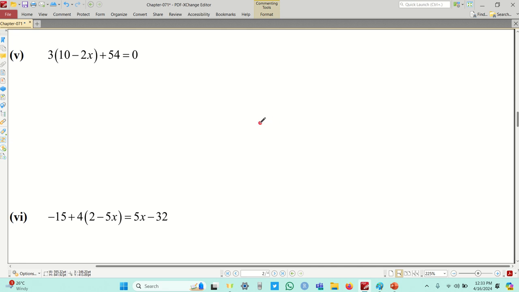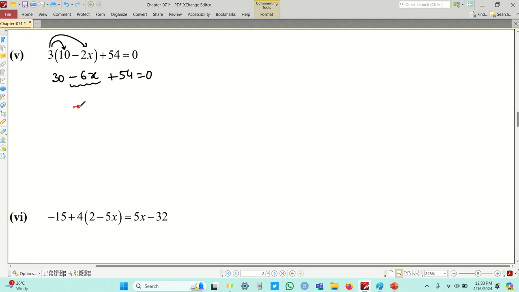Now, come to this question. This is the same type of question. We already finished two questions based on this. Multiply here and multiply here the same way. 3 into 10 is 30, minus 3 into 2 is 6x, plus 54 is equal to 0. So what is the variable term?